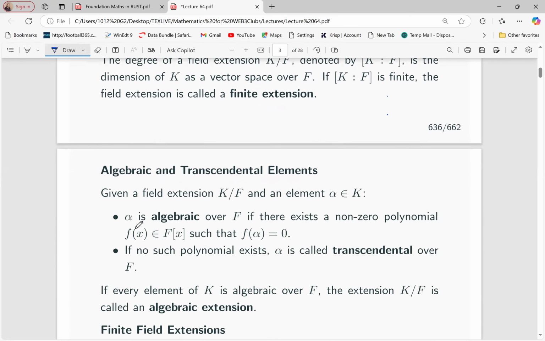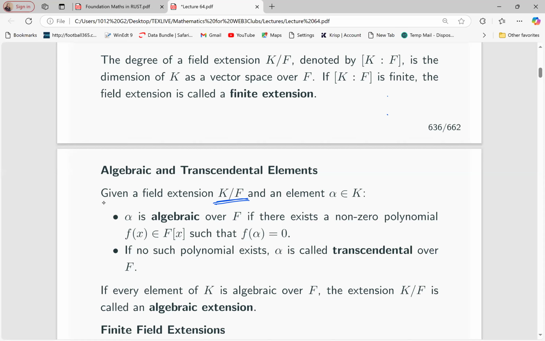Now, again, these are just terminologies that you may want to interact with and understand what they mean. We've already said that where there's no contradiction, we just write K, and where there is contradiction, we shall denote our extension this way. If there's no contradiction, you will just write K, and we will understand you're talking about an extension where F is the base.